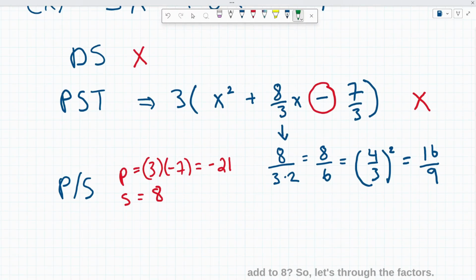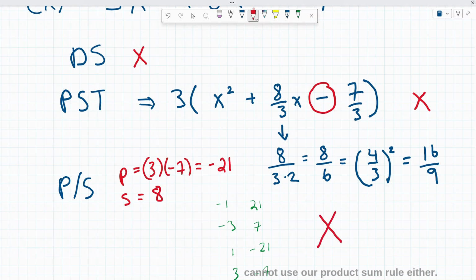So let's go through the factors. So we have negative 1 and 21. We also have negative 3 and 7. Let's do the other way. So we'd have 1 and negative 21, 3 and negative 7. Do any of these numbers add to 8? They do not. So we cannot use our product sum rule either. So what can we do?